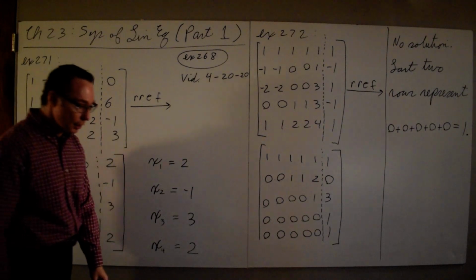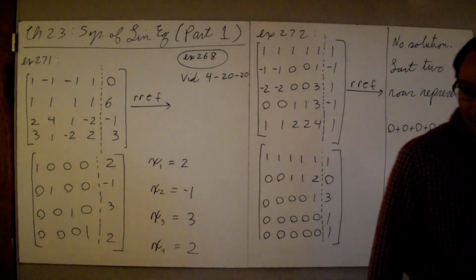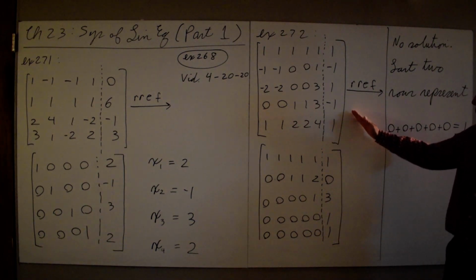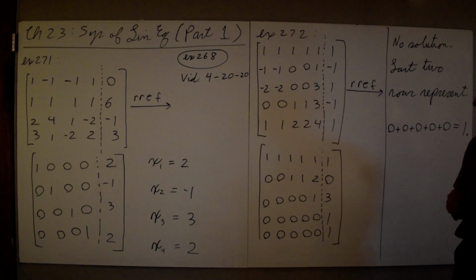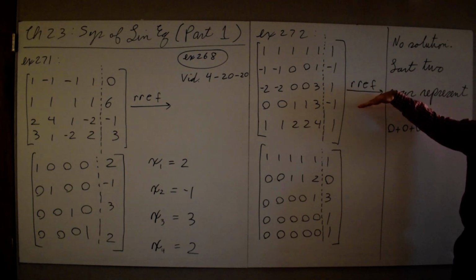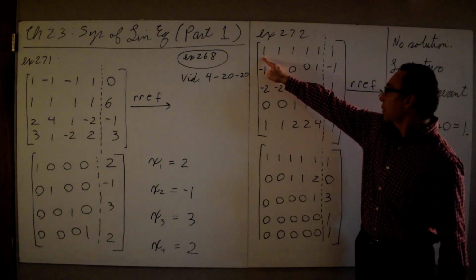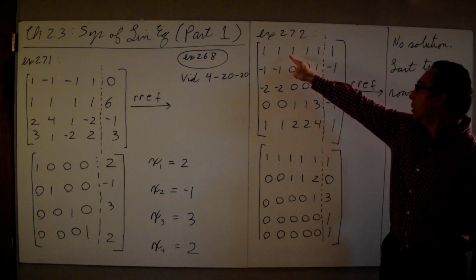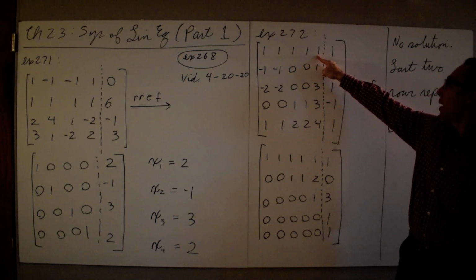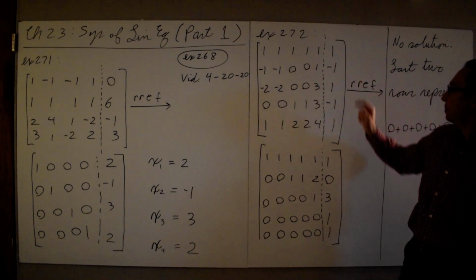Example 272, we'll use the same technique. In example 272, we had 5 variables. And again, I did not take time to write down the system itself, but you have that in your notes. But for example, x sub 1 plus x sub 2 plus x sub 3 plus x sub 4 plus x sub 5 is equal to 1.